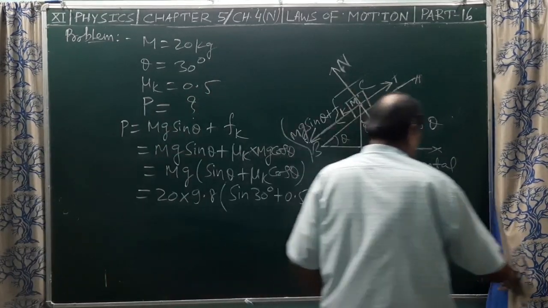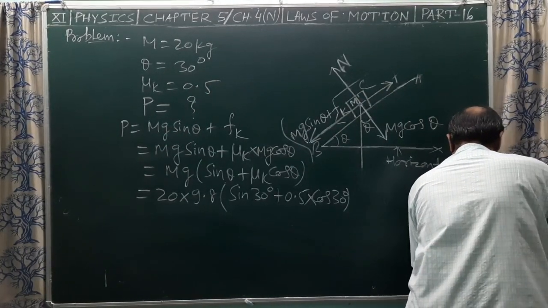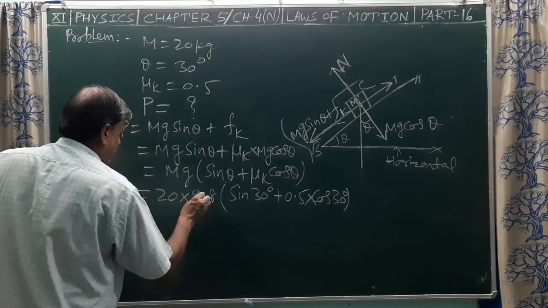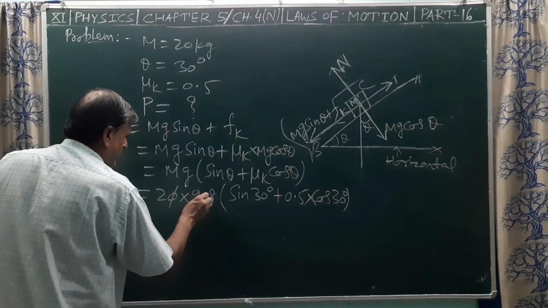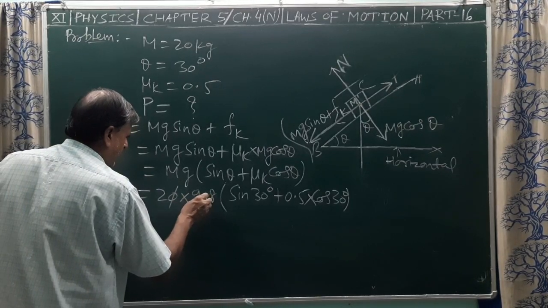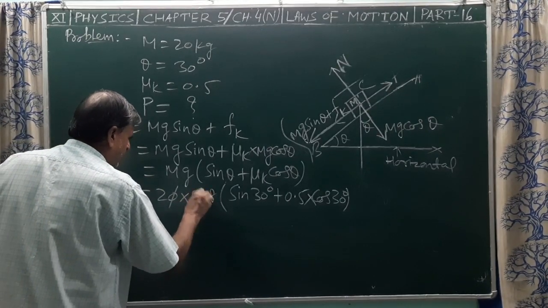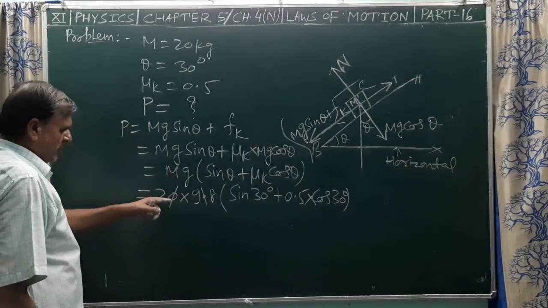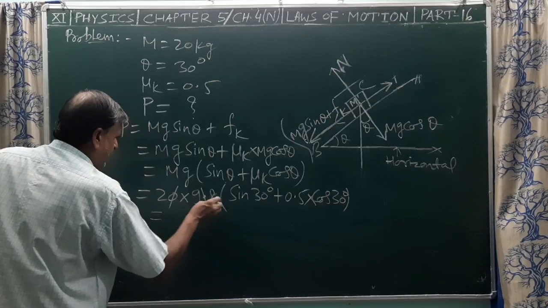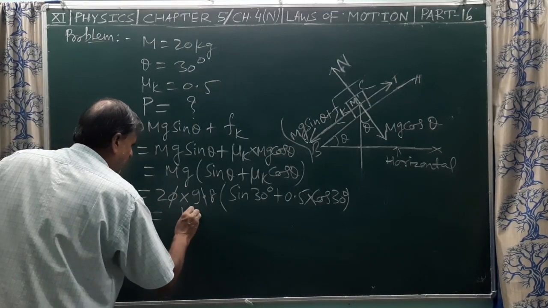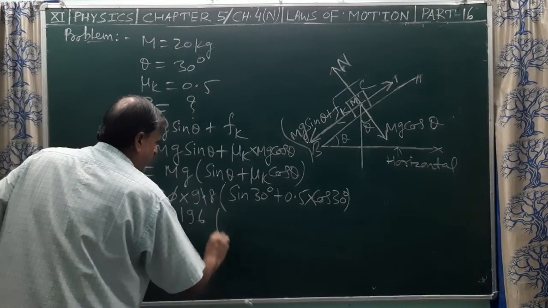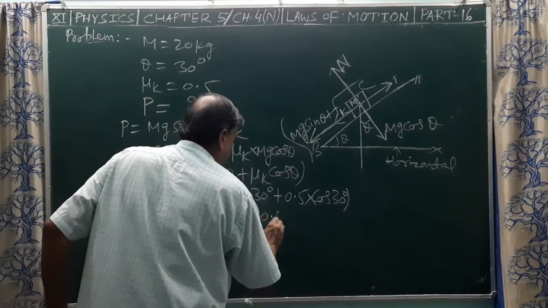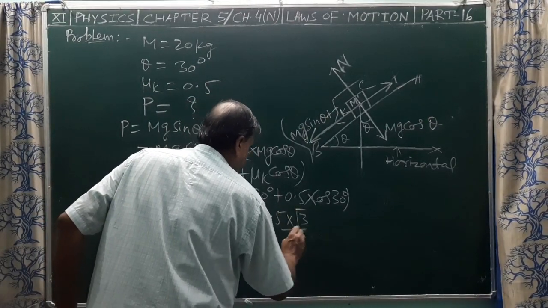So we have now, the 0 will cancel out by 9.8, that is a decimal. 9.8 is 98 by 10, so the 0 will cancel out. So it is 98 into 2, it is 196, under bracket sin 30 is half plus 0.5 cos 30 is root 3 by 2.